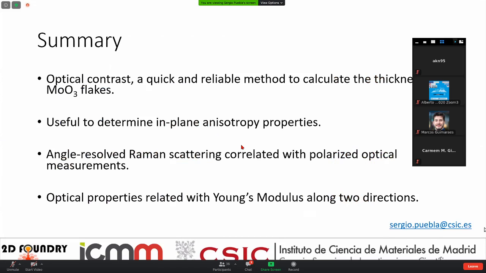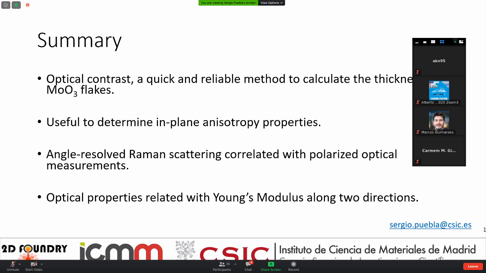So as a summary, we have found these methods to calculate the thickness of the molybdenum trioxide flakes. We think that it's a fast and reliable one, and we have found several methods to calculate the crystal orientation of these flakes.